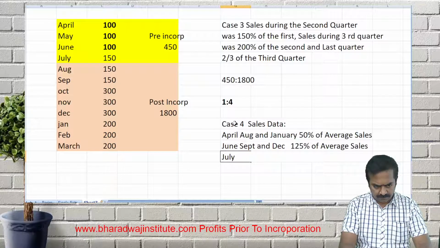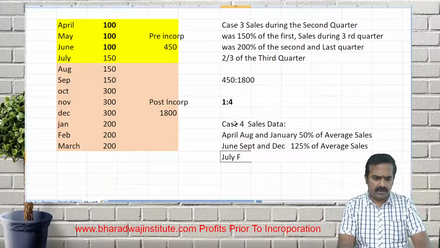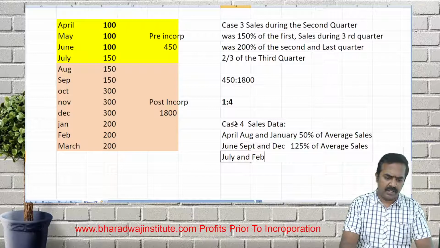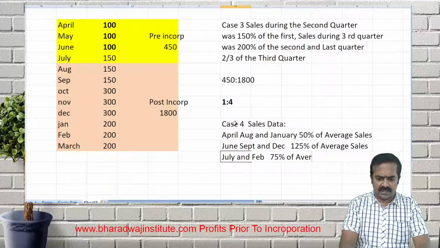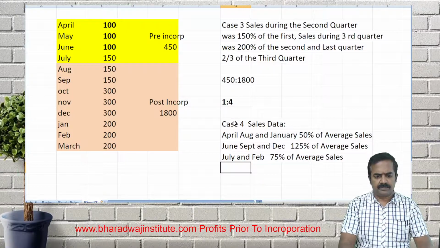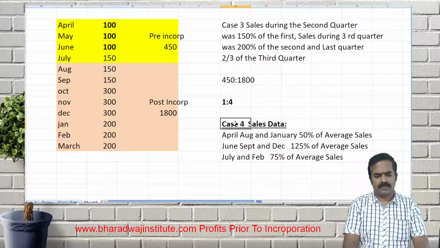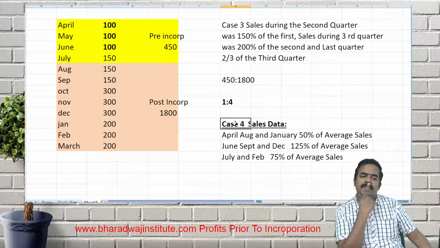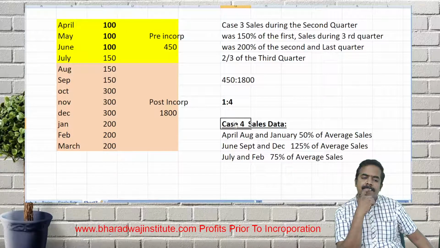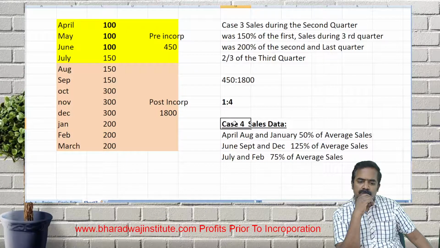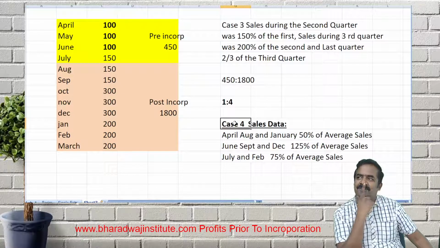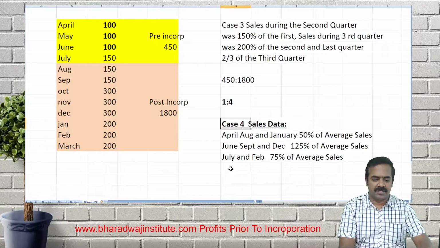July and February, 75% of average sales. So May, that is all the data. For 4 months we don't know, that is all the data. Calculate the sales ratio.